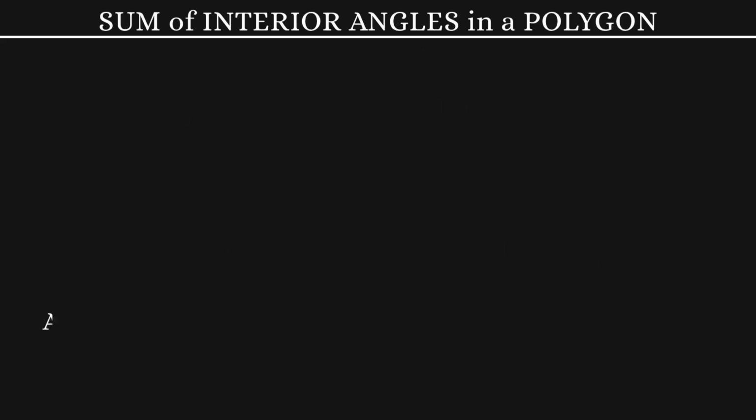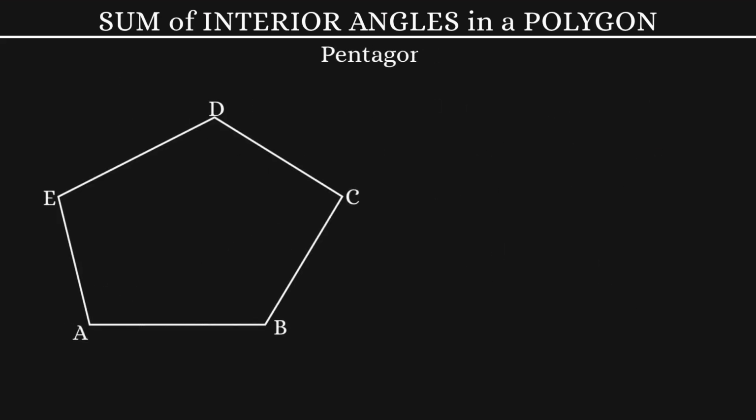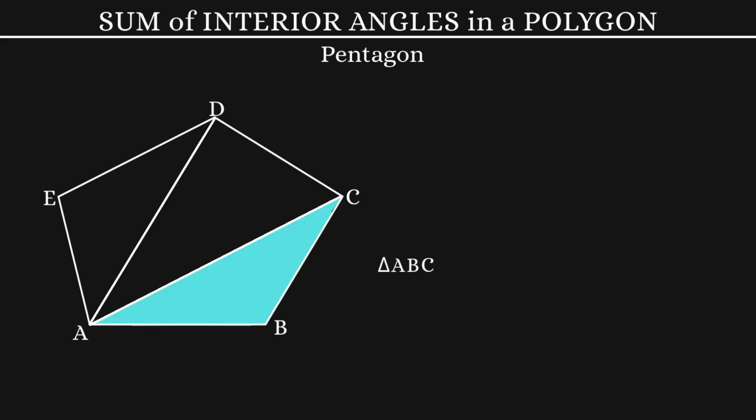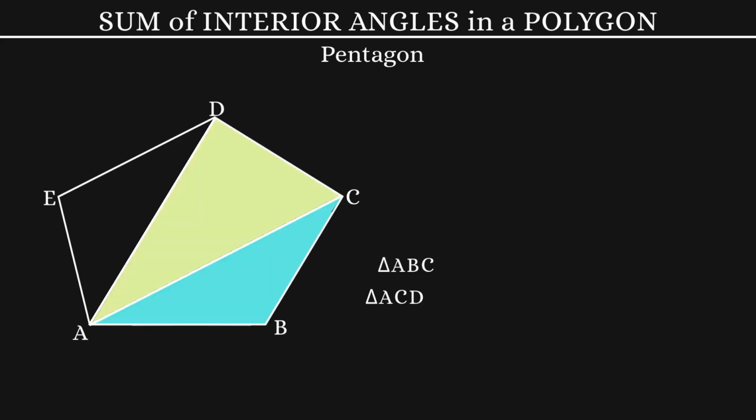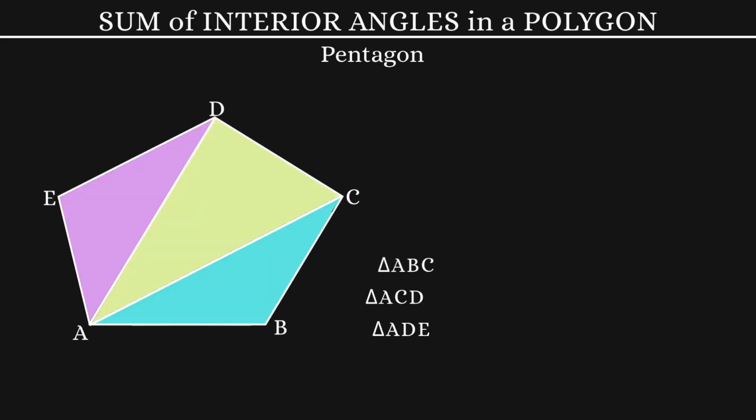Now let's understand what happens in the pentagon. Here, from a single vertex, let's say A, we can draw two diagonals AC and AD. This means that the pentagon will be divided into three triangles. In this case, ABC, ACD and ADE.